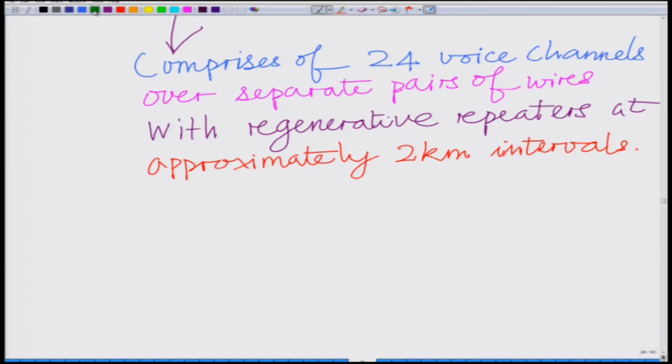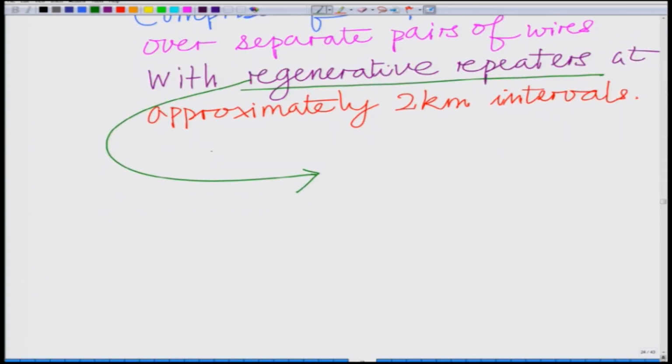Okay, and why do we need these regenerative repeaters? We need the regenerative repeaters to repeat the signal, because signal strength decreases with distance.